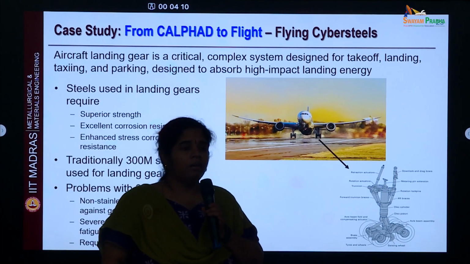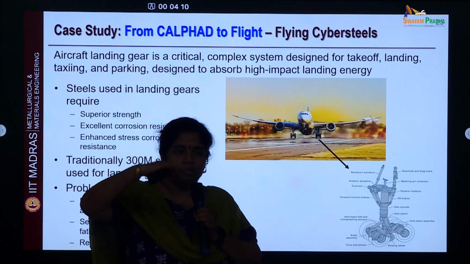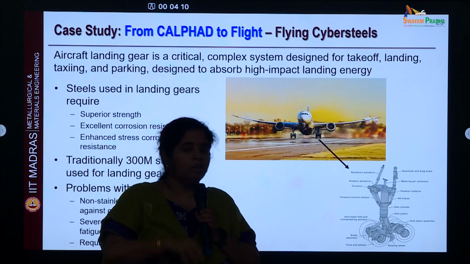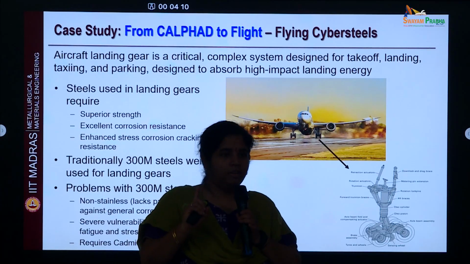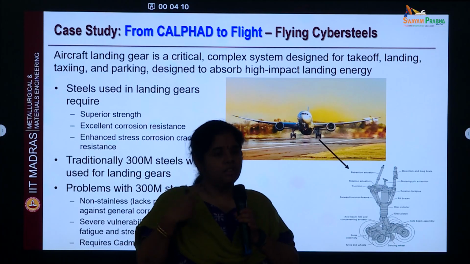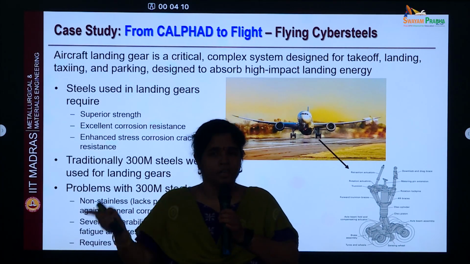Now, I put the same piece of iron, compress it, and still put it in water. In the first case, only the environment affected it, right? In the second case, stress and environment. That is called stress corrosion cracking.